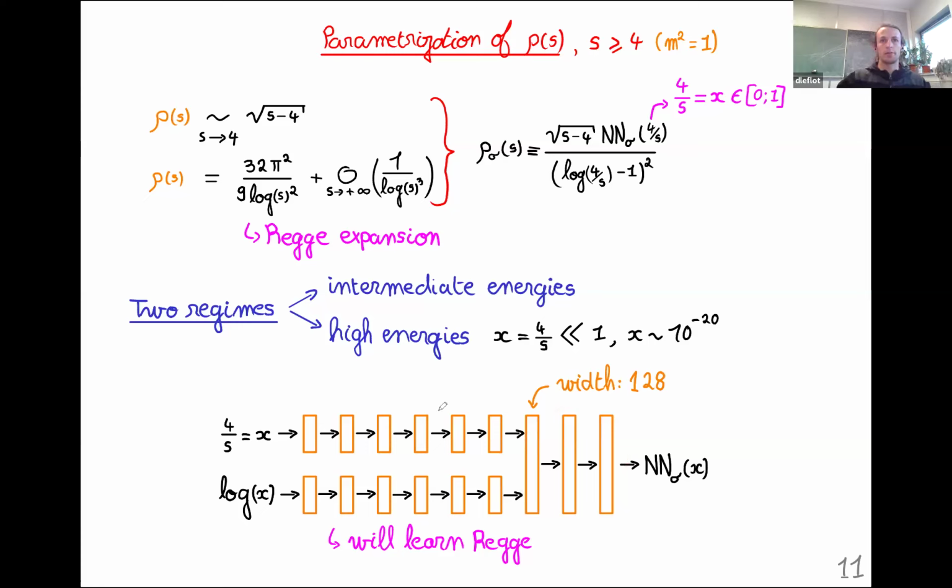So in total, we have something like 9 linear layers in our neural network, and the maximum width, 128, is achieved in these layers. Okay. So now we have our neural network and the way we parameterized the single spectral density.